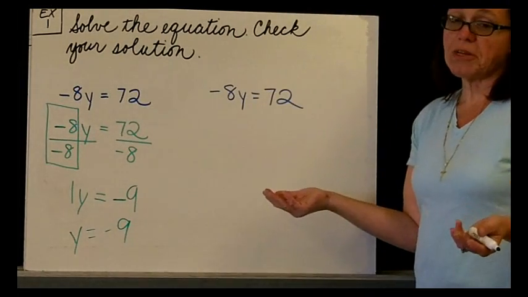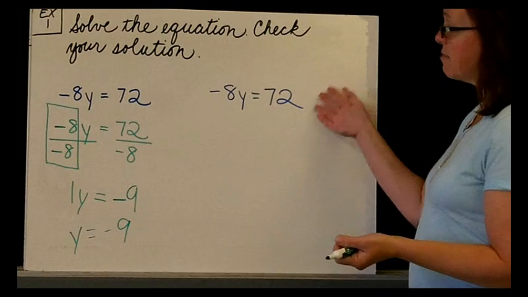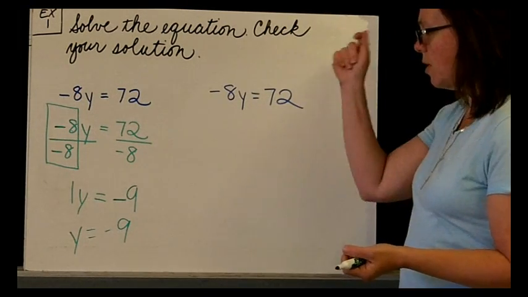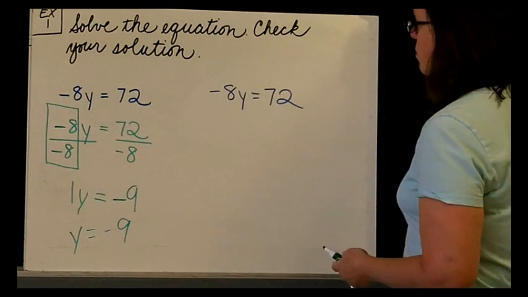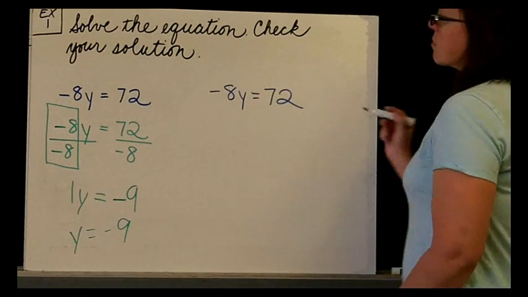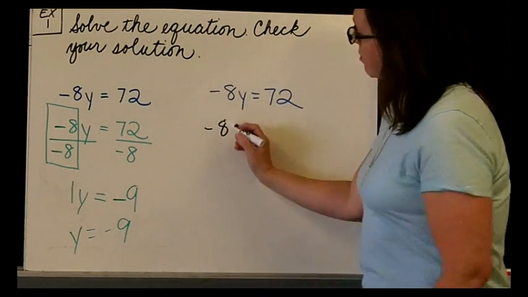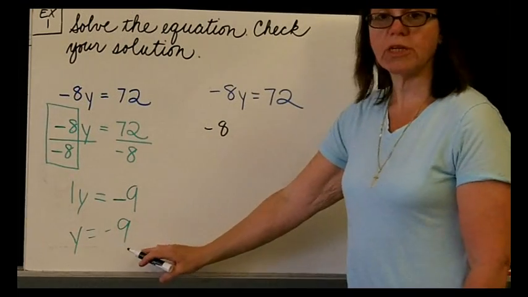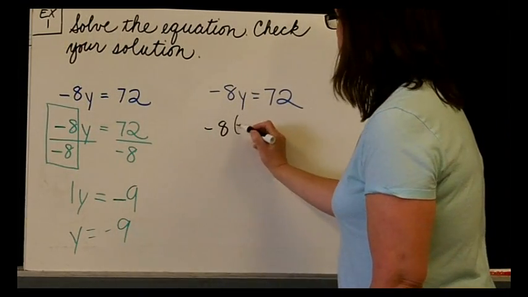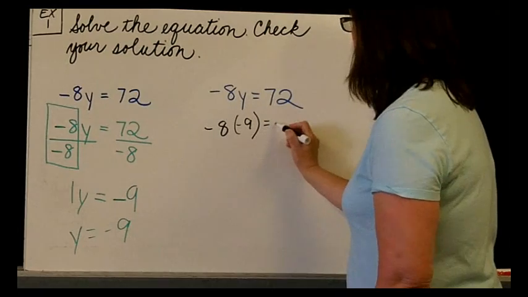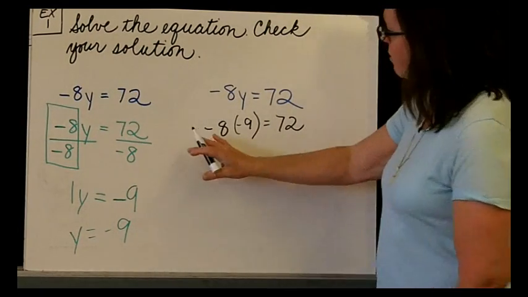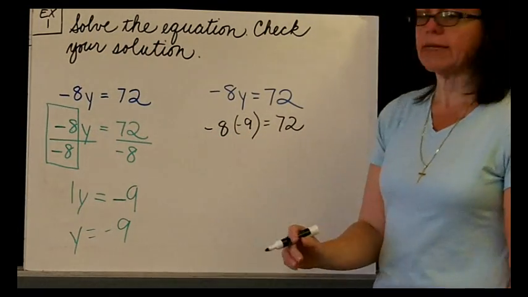And most times I would think I was done, but then I see my second equation here and I remember, oh, I have to check my work. So now, instead of writing -8y, I'm going to substitute our solution, -9, for the y. So now we have -8 times a -9.